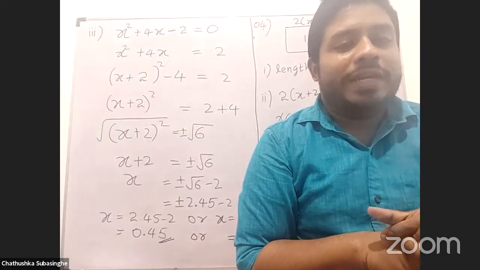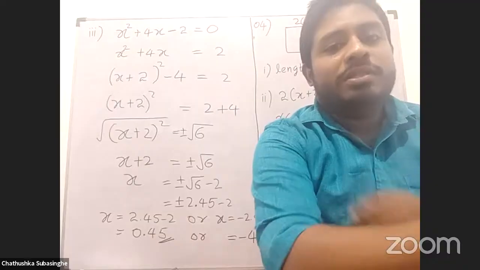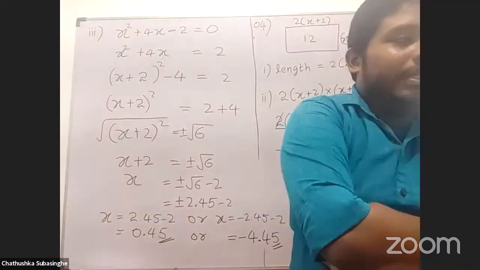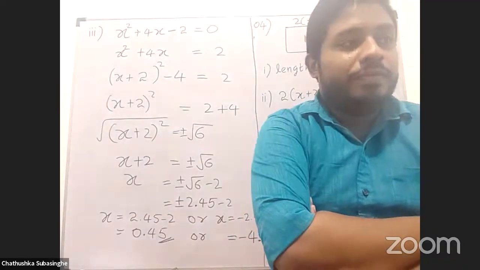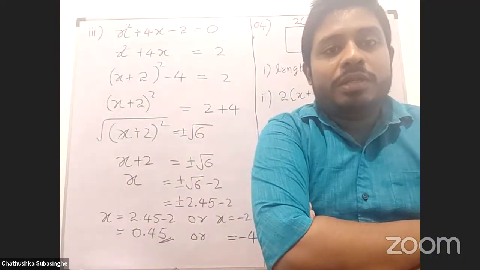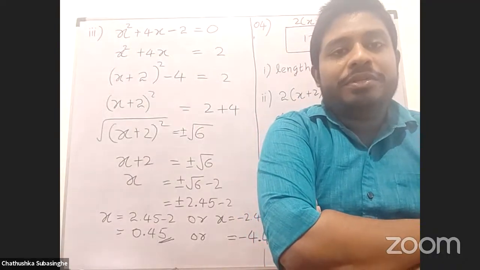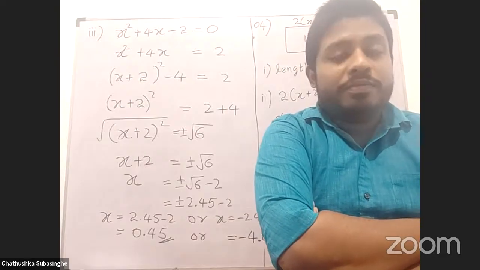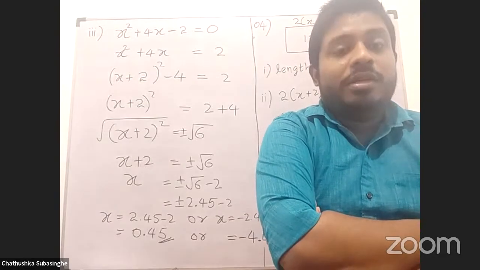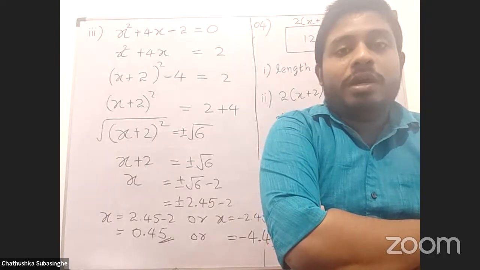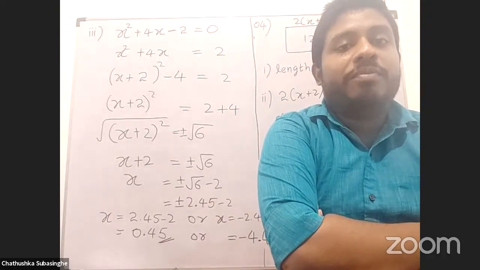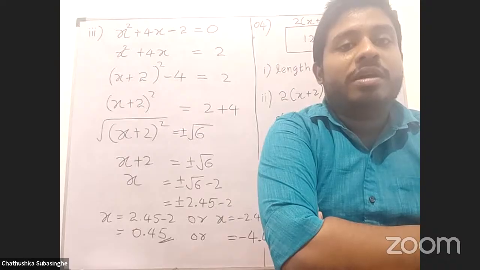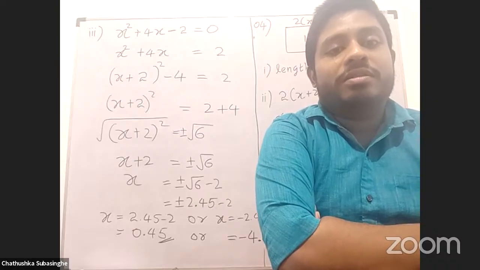Right. So next week I'm going to do numbers. Numbers means, as I told you, I'm going to talk about arithmetic progression, geometric progression, and trigonometry as a whole, and also logarithms. I didn't discuss logarithms last time. So logarithms, trigonometry, arithmetic progression, geometric progression, those are my main focus lessons.